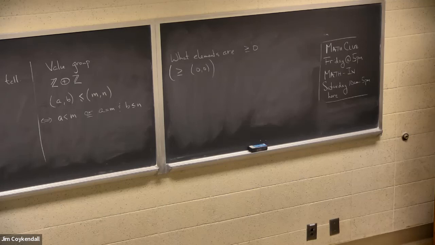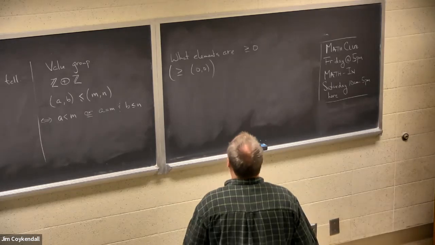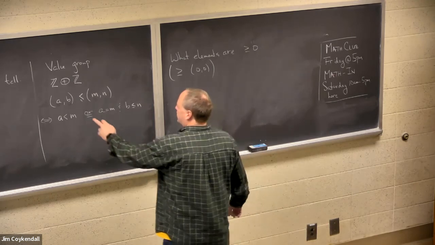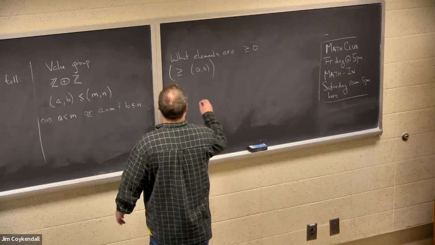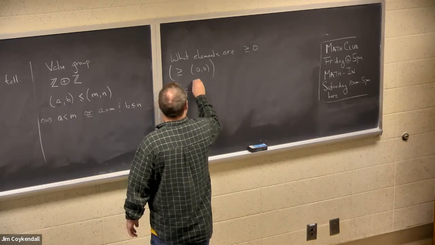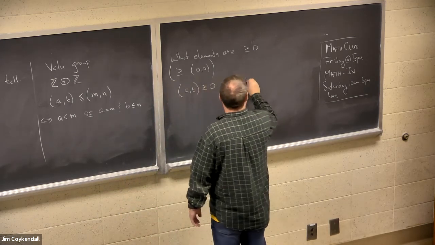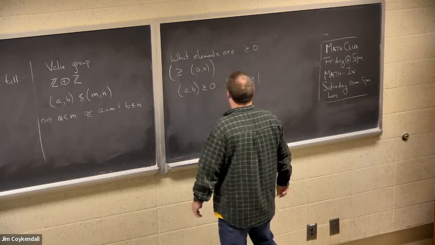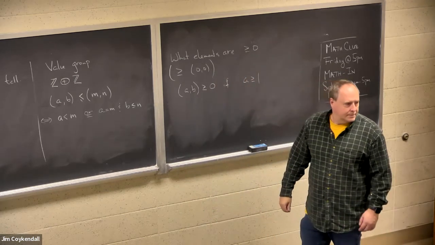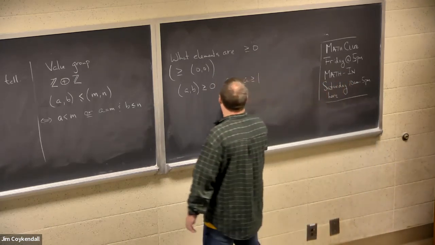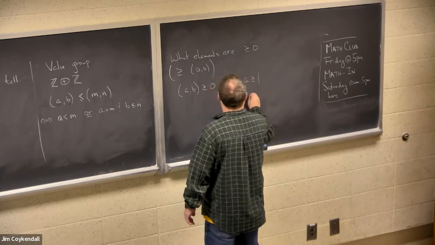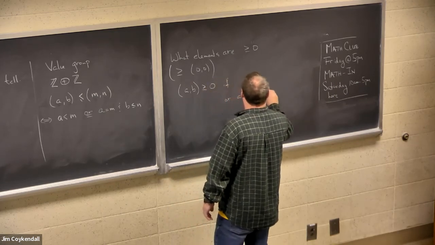Remember that it's the set of everything that has value greater than or equal to 0. For this, what are the values that are greater than or equal to 0? Well, let's see, if A is greater than or equal to 1, or A equals 0 and B is greater than or equal to 0.